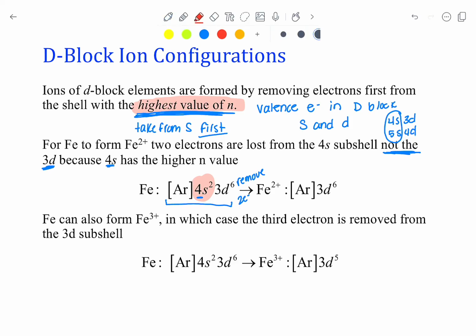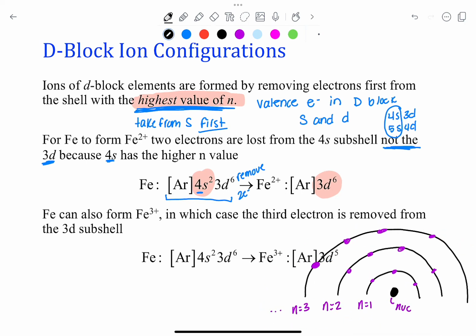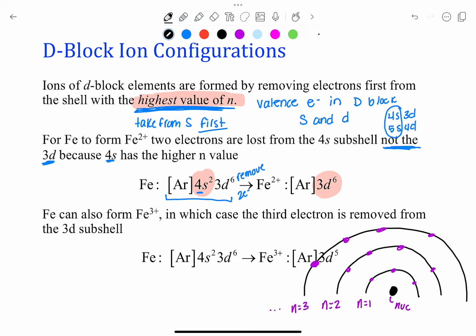So our electron configuration for iron 2+ then becomes argon 3d6. Because 3 is lower in n, the electrons aren't taken from there. Another way to think about this is, if we think about our atom here, I'm going to add another layer to this image.